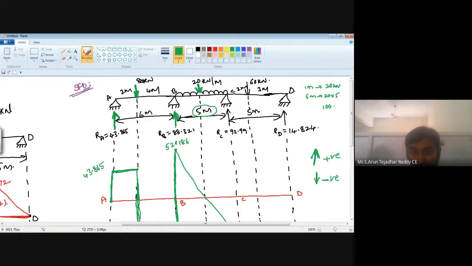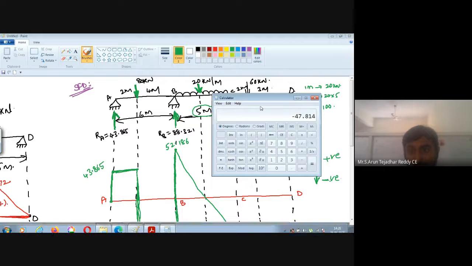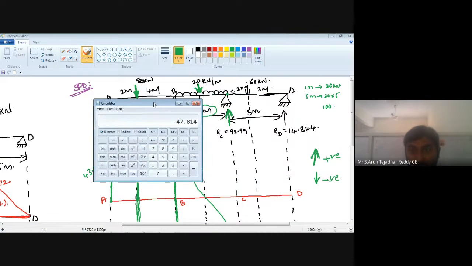Now at point C, we have one reaction, that is 92.99, and it is moving upward direction. Our upward direction is plus. So plus 92.99 equal to, we got plus value 45.176.